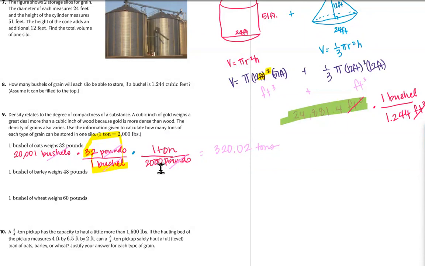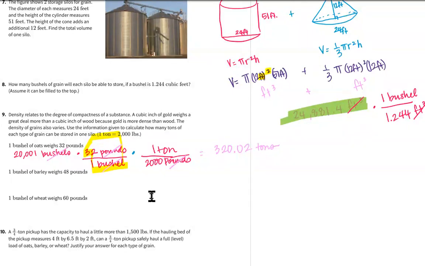So 1 ton divided by 2,000 pounds gives me how many tons. And I know that this unit of measure is right because all the way through, I made sure my units were correct. So you're going to follow a similar pattern here and here. And I'll just write out my answer so you can check it later. So pause the video, check your answers, and come back.